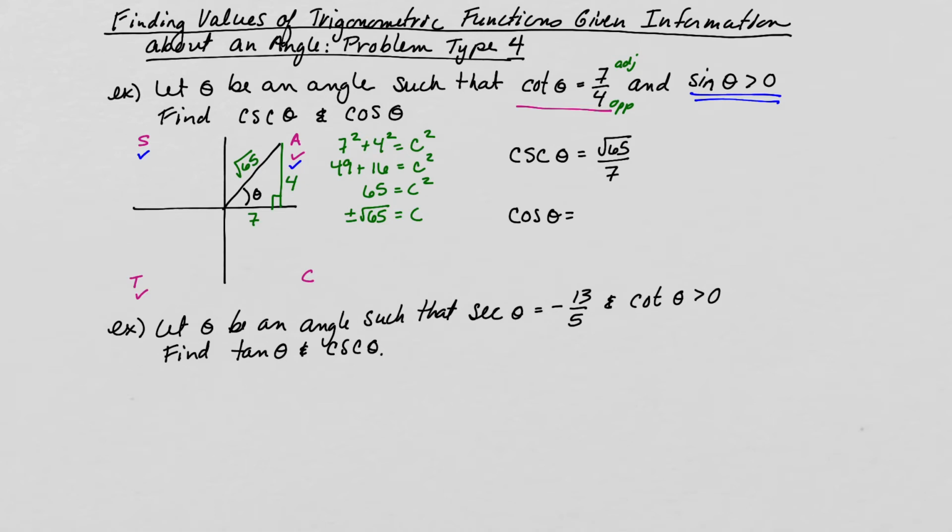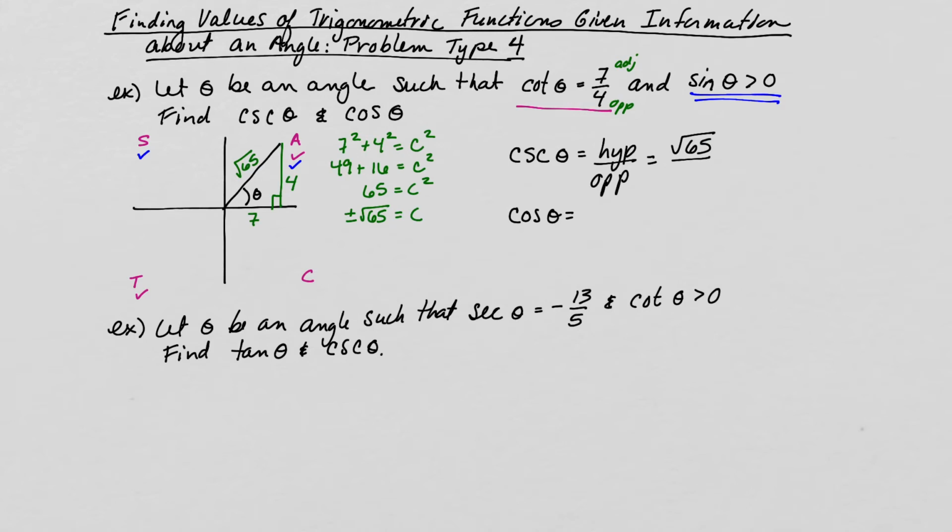Oh, I totally did that. Let's write it out since I said it totally incorrectly and wrote it. So cosecant, right, is the hypotenuse over the opposite, right? So the hypotenuse here is square root of 65.